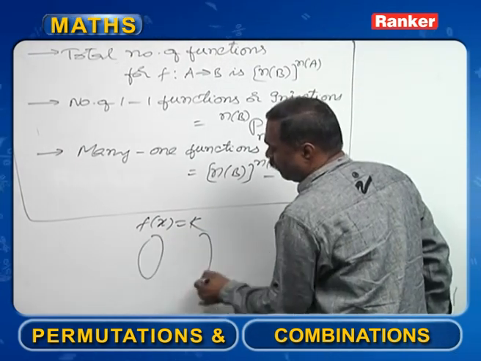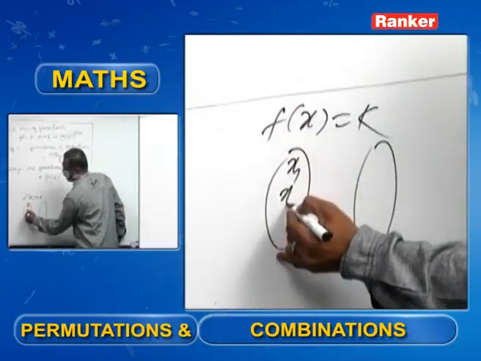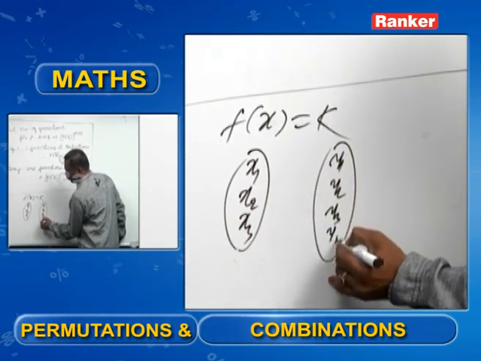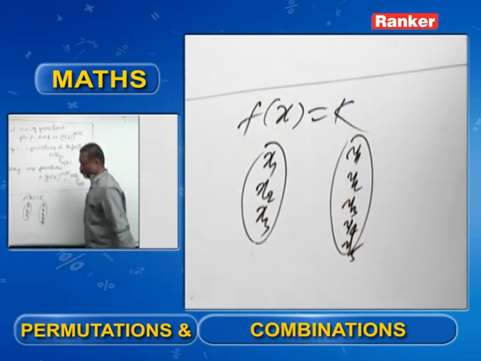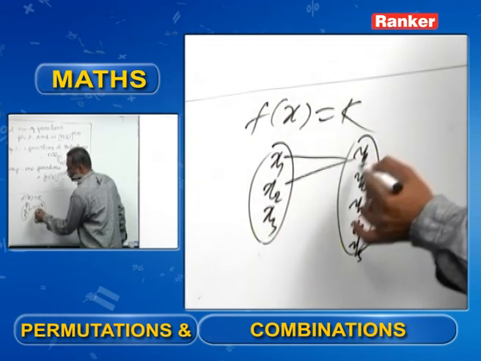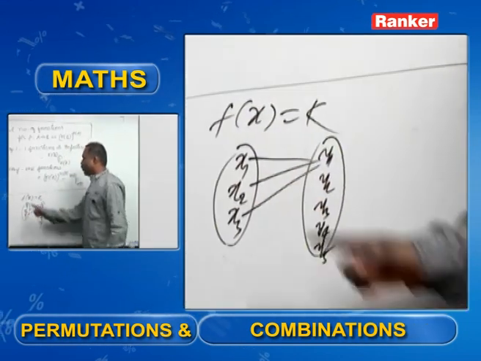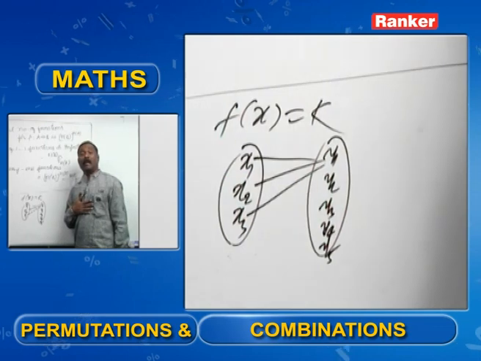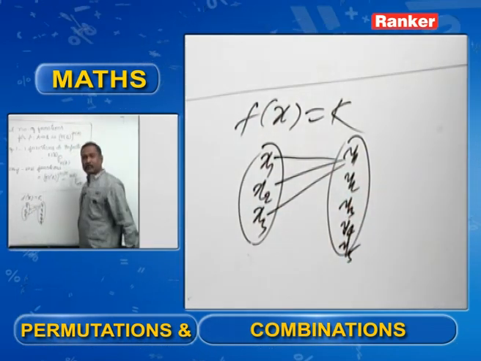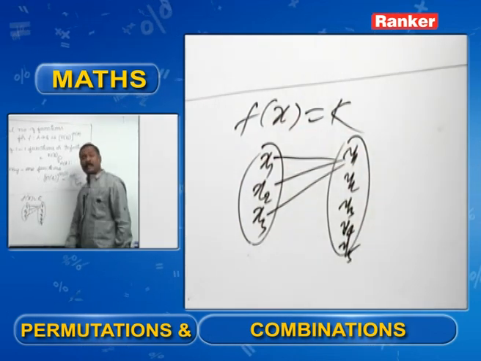So if you have the same example x1, x2, x3, y1, y2, y3, y4, y5, then what is a constant function? All three elements x1, x2, x3 should be mapped to only y1. Similarly, all three elements can be mapped to only y2, and all three elements can be mapped to only y3.